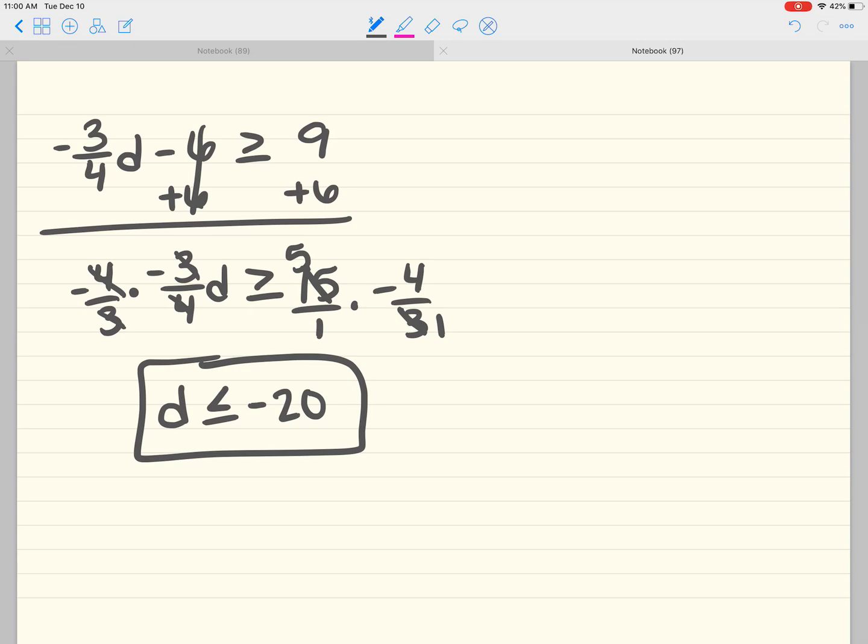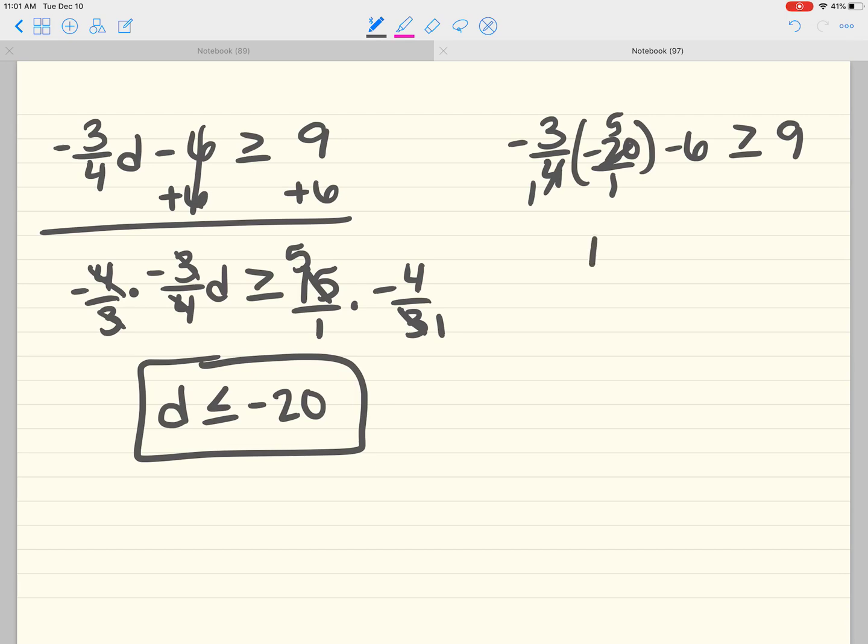Somebody give me a number that I can plug in for D. Negative 20. Okay? All right, so negative 3/4 times negative 20 minus 6 is greater than or equal to 9. Now, this can simplify, right, to 1 and 5. What's negative 3 times negative 5?